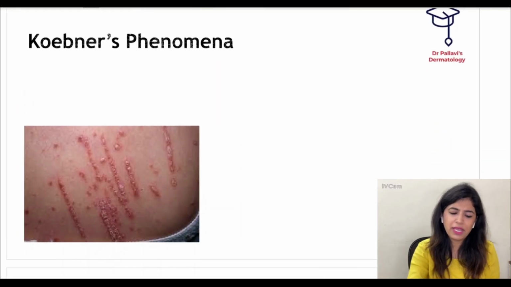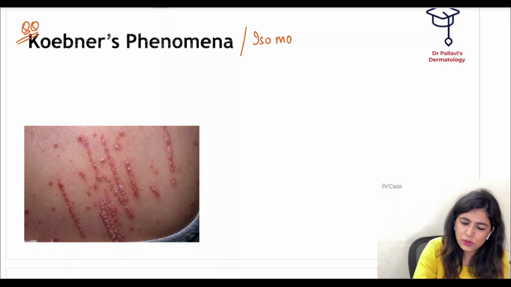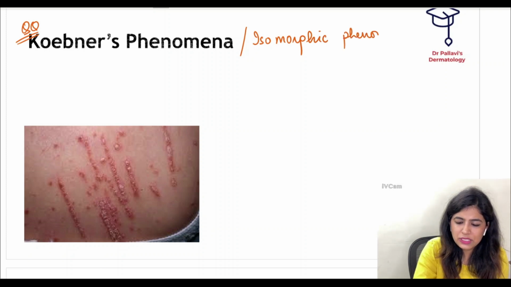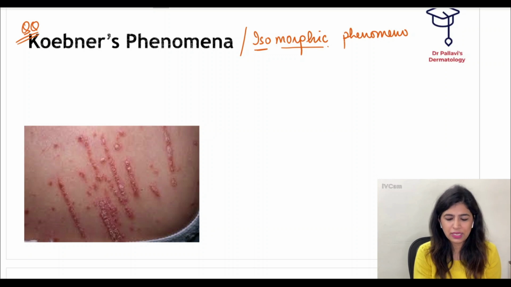Another sign which is a very often asked question from psoriasis is the Koebner phenomenon, also called the isomorphic phenomenon. As the name suggests, isomorphic means similar looking lesions erupt at the sites of trauma or scratching in a patient.